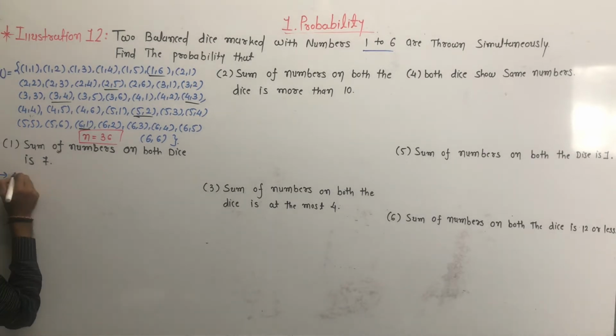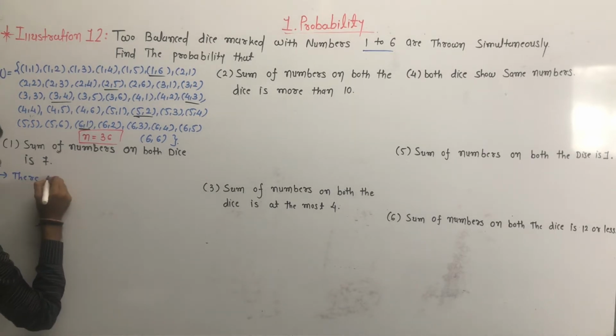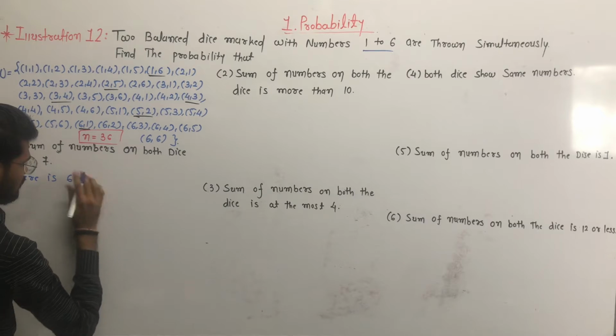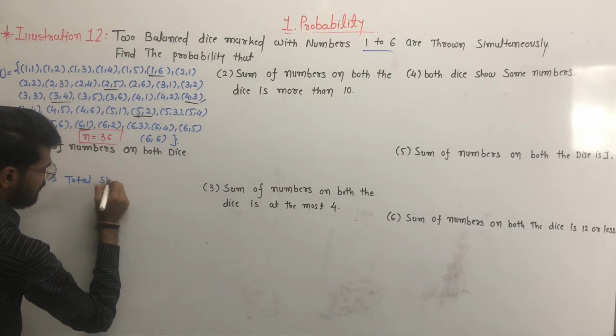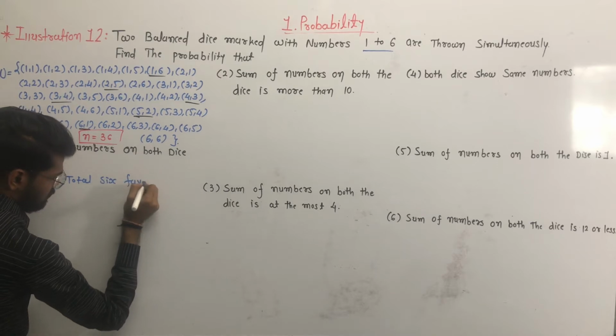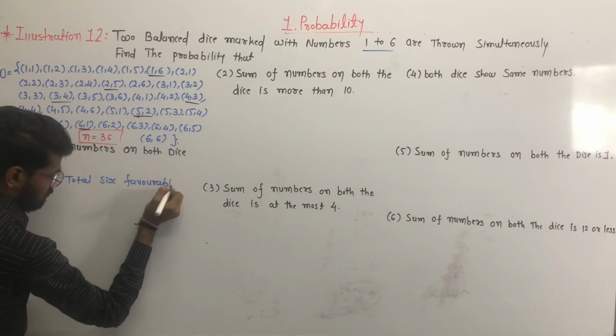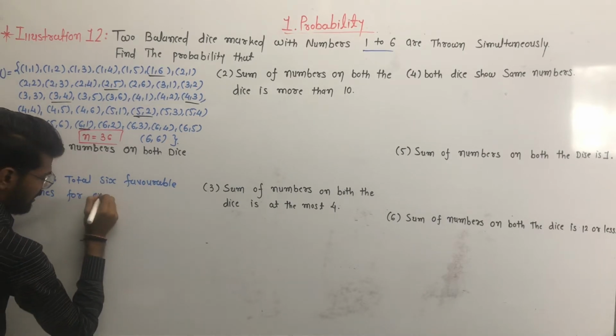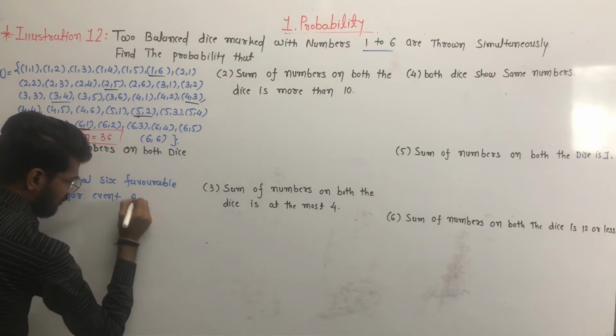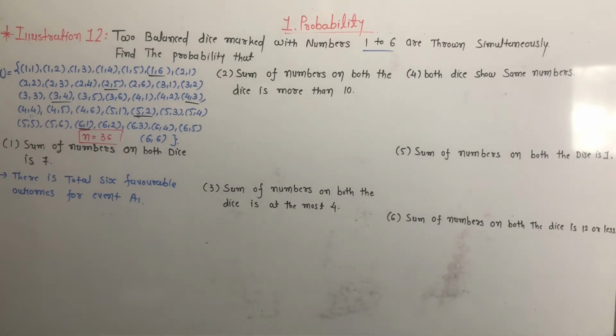So there are 6 favorable outcomes for event A1. And which are they?